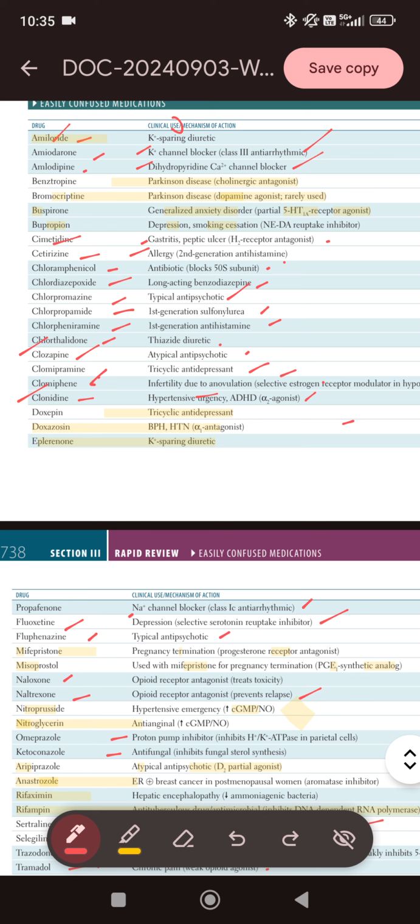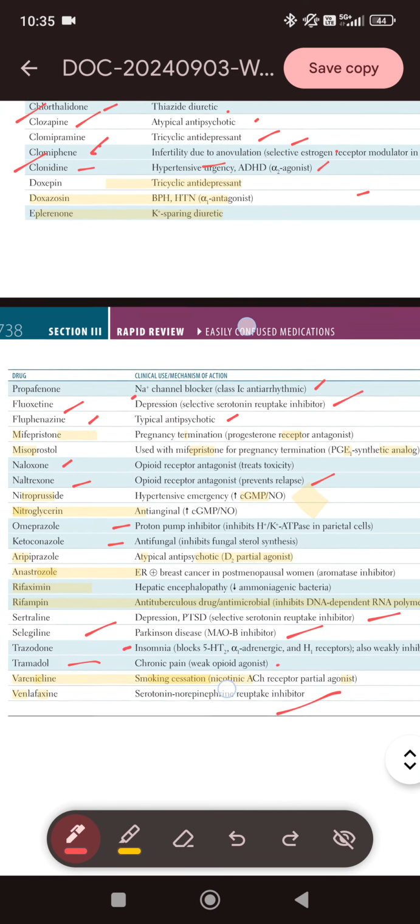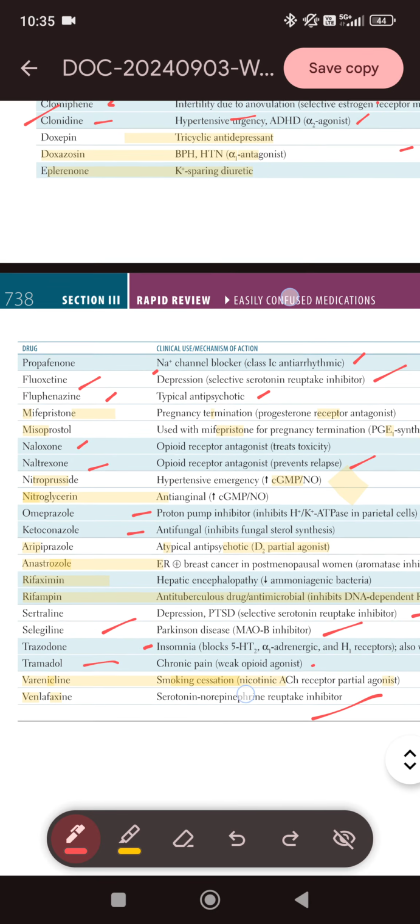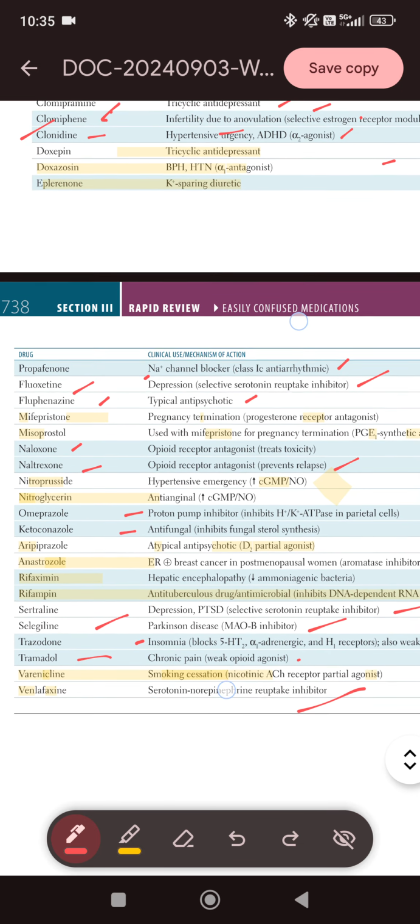Okay, then we have Benz and cholinergic antagonist. What we have is Parkinson's, benztropine, bromocriptine, all these drugs. And Parkinson's, one more we have here, selegiline for MAO-B inhibitor, sertraline for PTSD.